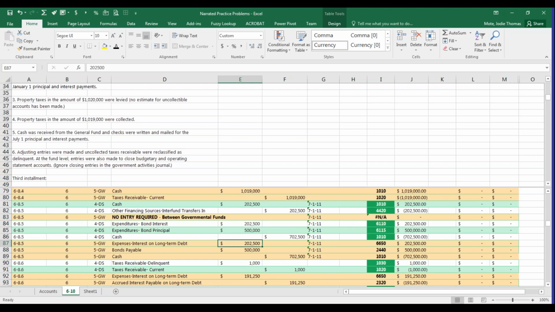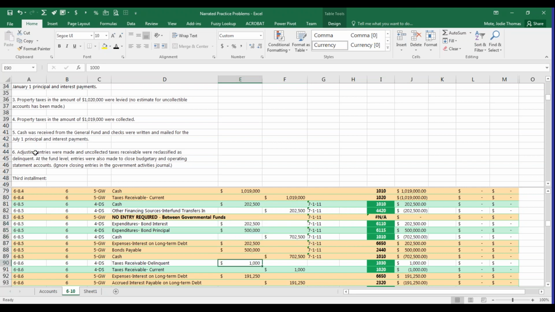We're just going to debit expenses here. Expenses, interest on long-term debt. Bonds payable of $500,000 and cash of $702,500. And so there's your payments. Remember, you had to make the transfer in first, then you made the payment of the interest and principal.